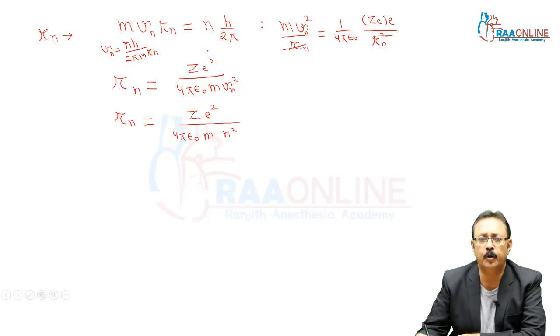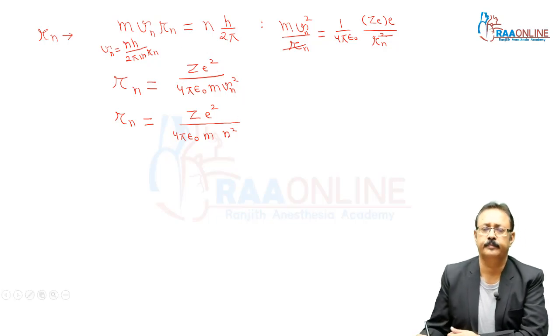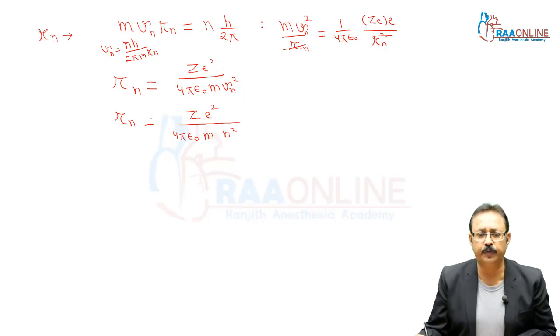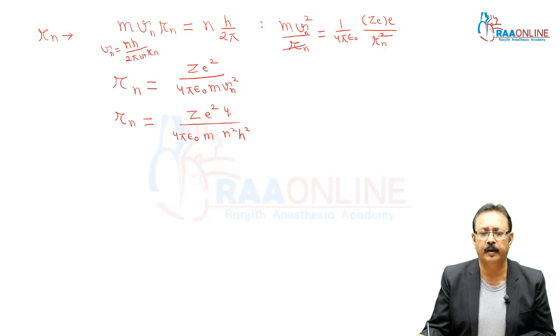Vn is nh upon 2 pi m Rn. So Vn square means n square h square divided by 4 pi square.